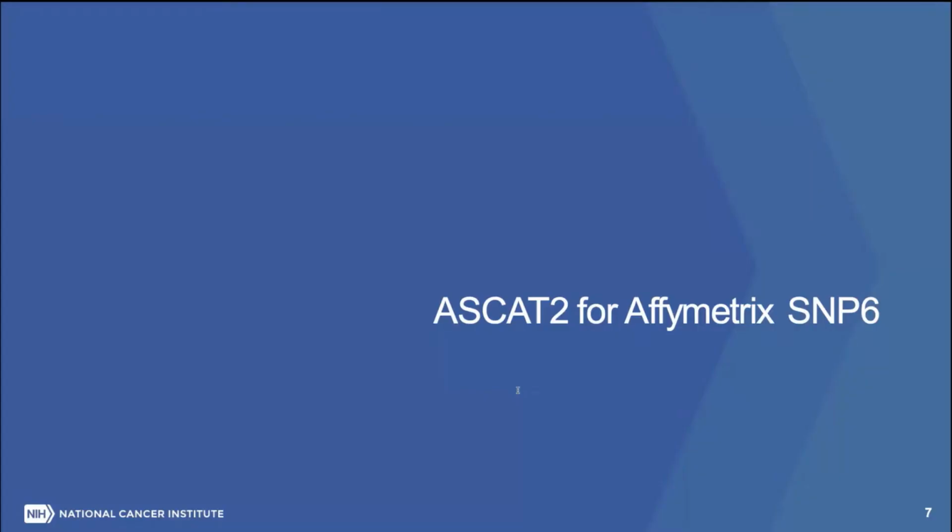Okay, so I'll move to the first of the 3 array data types I'm going to cover today. This is the classic Affymetrix SNP6 array. I think Affymetrix was later bought by Thermo, so it's a Thermo SNP6 array now.